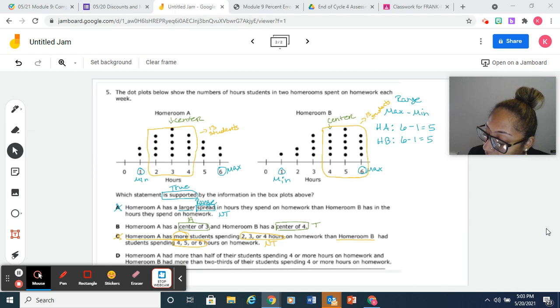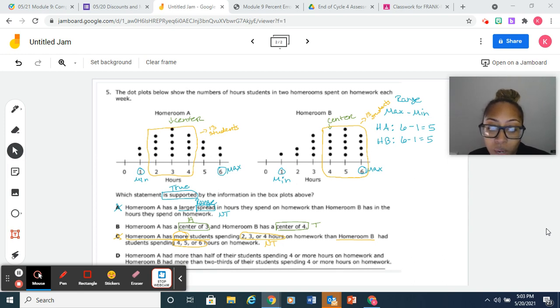All right, last answer choice, and this will validate what we already think to be true, but we just want to make sure. So for answer choice D, it says homeroom A had more than half of their students spending 4 or more hours on homework, and homeroom B had more than 2/3 of their students spending 4 or more hours on homework. So let's go ahead and check that out to see.